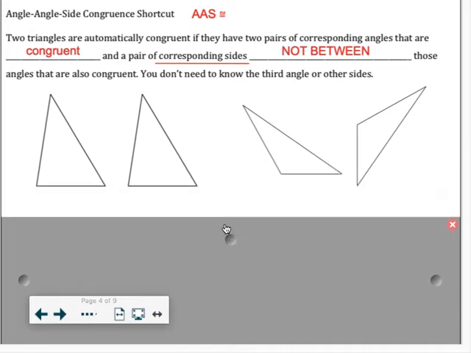Which means you don't have to know, again, that third angle or the other sides. So an example of that, let's say this side is 8 centimeters, this angle is 60 degrees, this angle is 50 degrees, this side is 8 centimeters, 60 degrees, and 50 degrees, and these would be congruent by angle, angle, side.